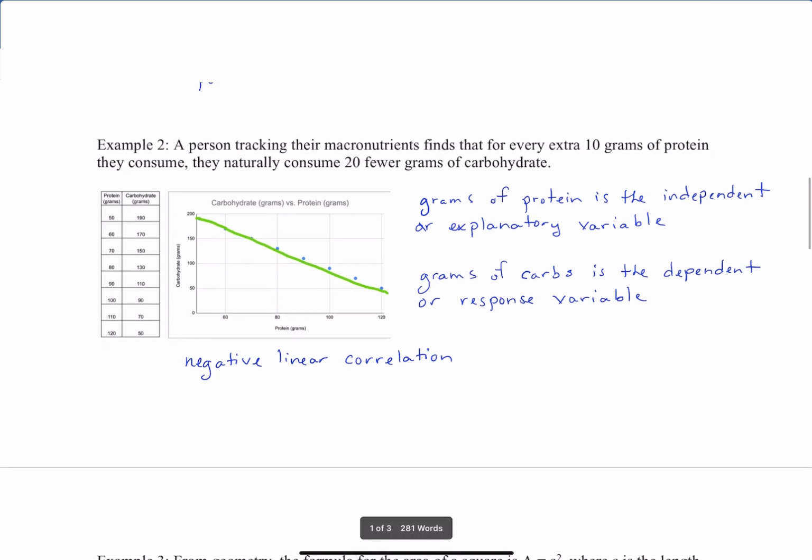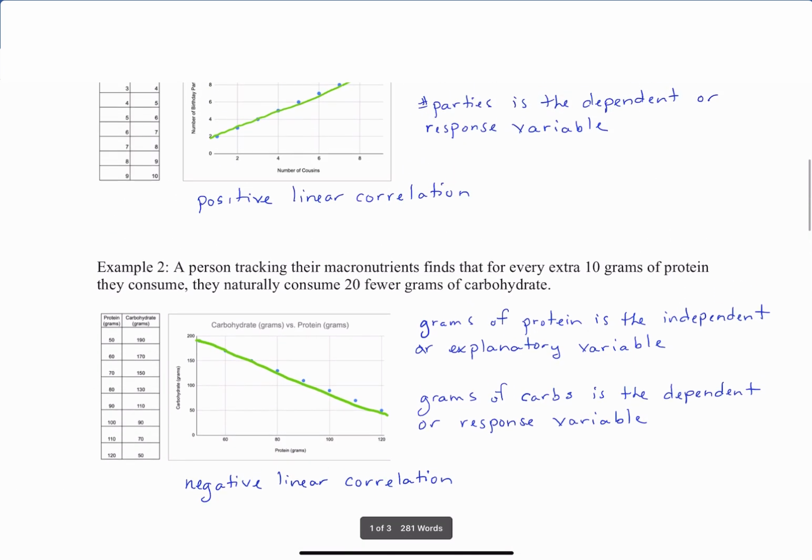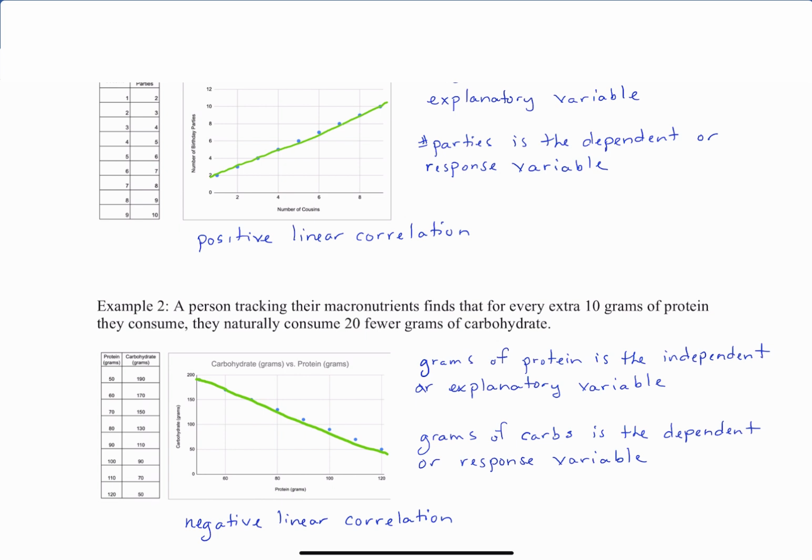Now, why are we calling this one negative and the other one positive? Well, you might remember from algebra that if a line goes uphill, and I mean from left to right when I say that, its slope is positive.